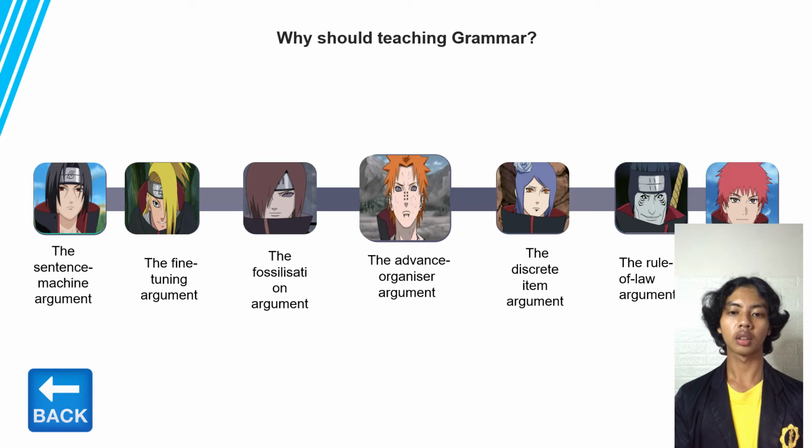The sentence machine argument. Part of the process of language learning must be what is sometimes called item learning, that is the memorization of individual items, such as words and phrases. However, there is a limit to the number of items a person can both retain and retrieve.